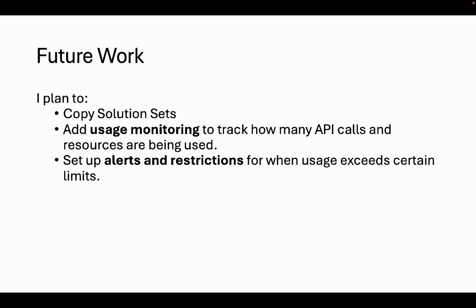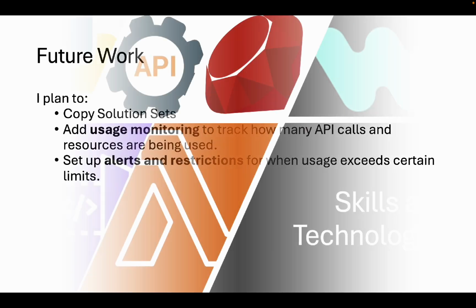Looking ahead, I plan to copy solution sets, which are nothing but a set of processes, and place them in the folders that I created earlier. Also, I need to add usage monitoring to track API calls and resource usage, and also set up alerts and restrictions for when usage exceeds certain limits.